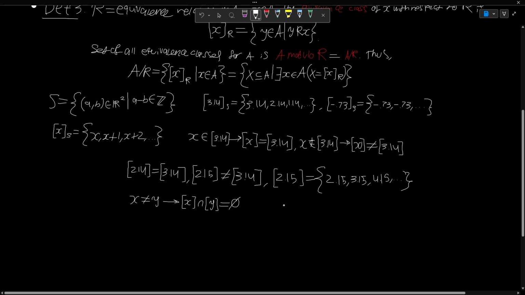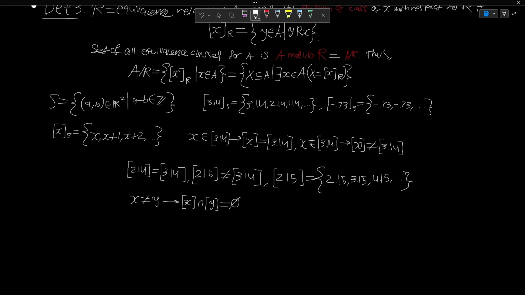And in fact, we can see that for any two real numbers x and y, their equivalence classes will either be identical or disjoint. And since for any real number x, x is in its own equivalence class, this means that no equivalence class for any real number with respect to S is empty.